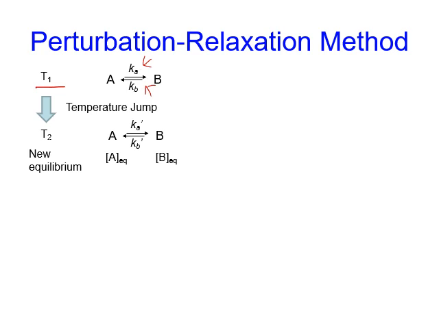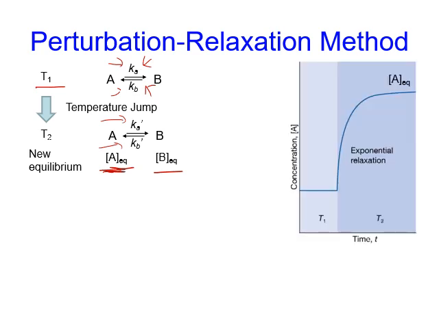So note that at T1, the rate constants are Ka, Kb, and at the new temperature T2, the rate constants change to Ka prime, Kb prime, and this is the new equilibrium concentration for A, and this is the new equilibrium concentration for B. And this is a plot that shows initially the reaction reaches equilibrium at T1, and when temperature goes to T2, the reaction will eventually reach a new equilibrium, and that's the new equilibrium concentration, and it takes time.